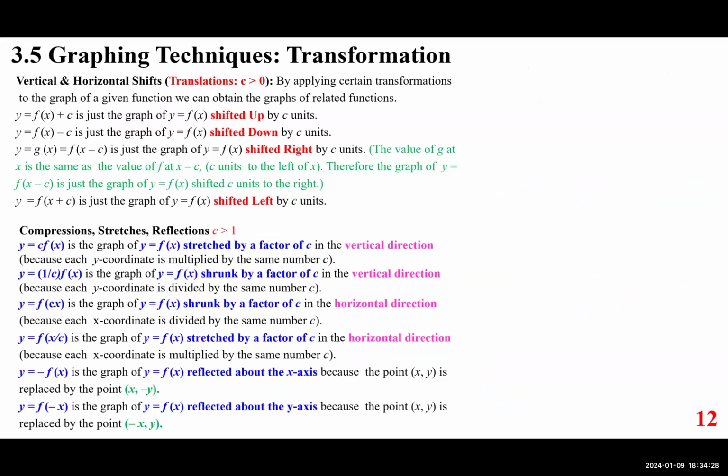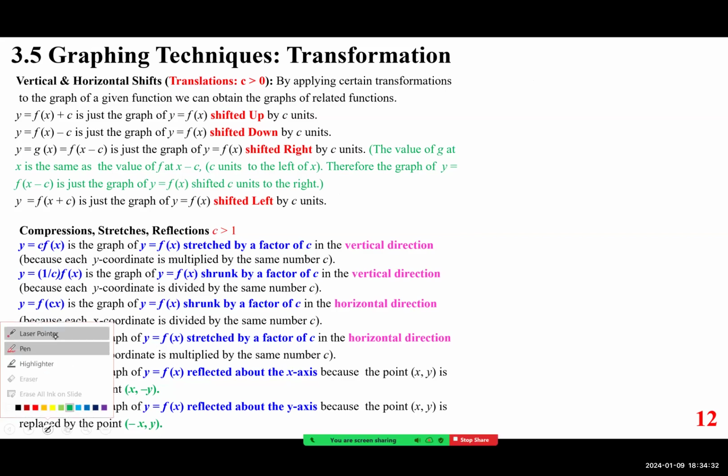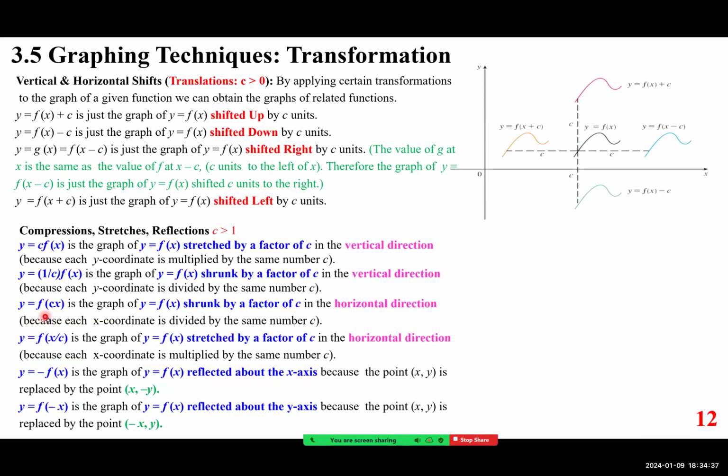Graphing techniques, transformation. Let's remind everybody how it's done. So you have the basic function y equals f of x. And we are assuming there is a number c, and we take that number to be positive. So f of x plus c is the same function shifted up by c units.